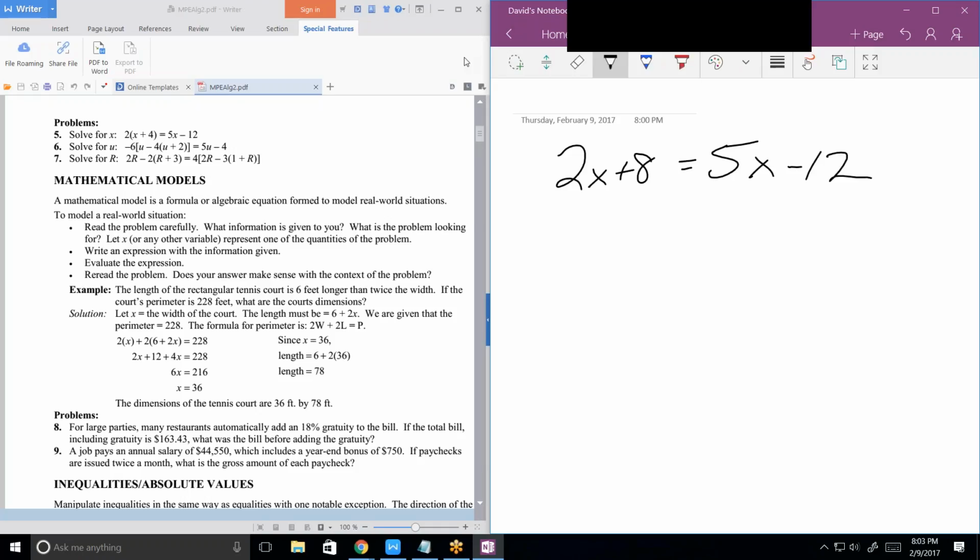Since you're doing variables and numbers, you can do both steps at the same time. So what number is going to end up on the left? It's going to be 20 equals 3x. Okay, and the next line? And then divide that by 3. So what's the next line?